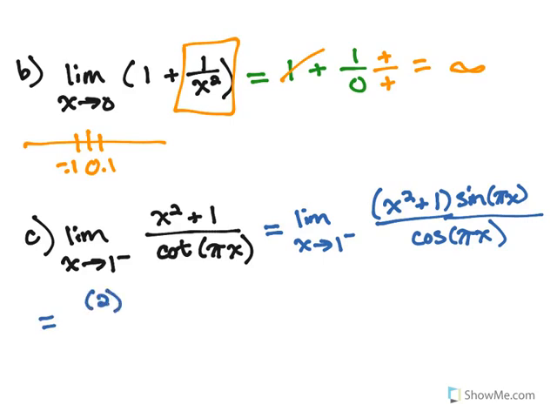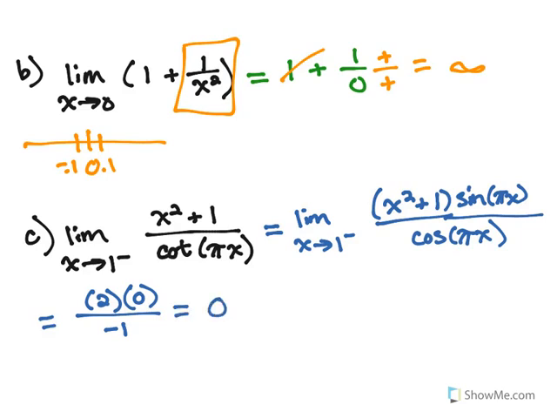Sine of pi, what's sine of pi? 0 over cosine of pi. What's cosine of pi? It's -1, but does it matter? We got 0 divided by a number.